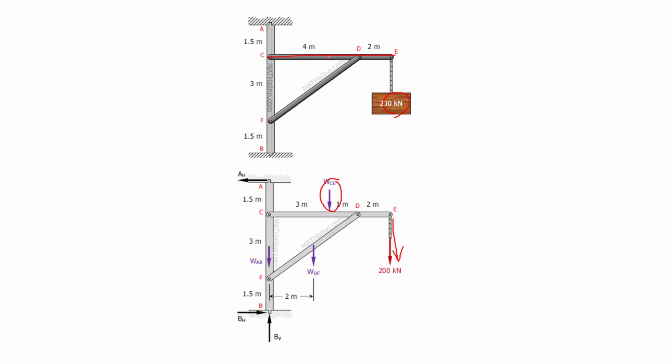This 4 plus 2 means this bar or this stick is 6 meters, and the center point is 3 meters. So it means from here to here it should be 3 meters.